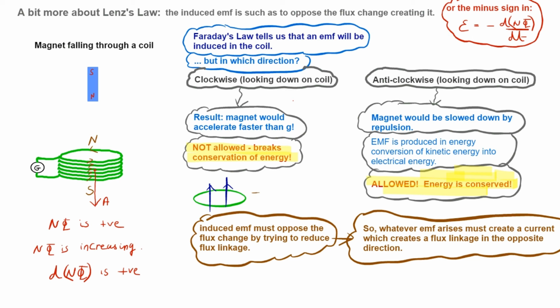This is a negative flux change because the area is down. The area is downwards, but the magnetic field arising because of the new current is upwards. So that's a small minus, it's a small negative flux linkage. And so that's why we've got the minus there.